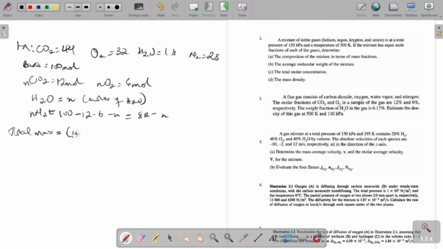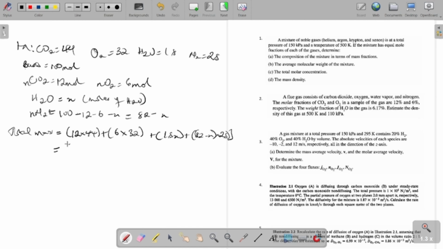For CO2 it is 12 times 44, for oxygen it is 6 multiplied by 32, for water it is 18 times x, so 18x, and for nitrogen it is 82 minus x multiplied by 28.